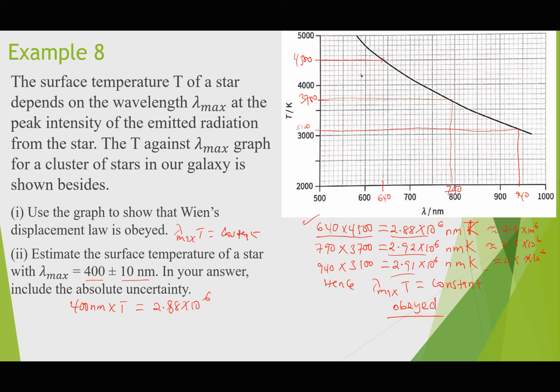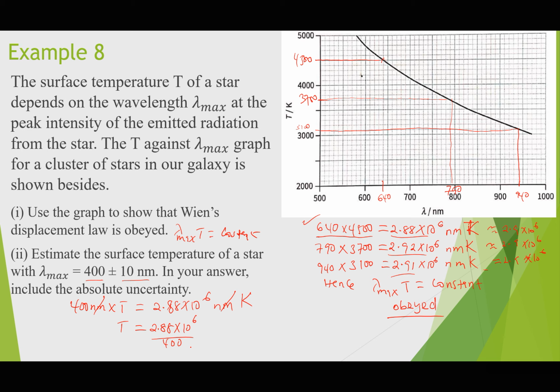The nanometers is going to cancel because this is nanometers times Kelvin. So T is going to be equal to 2.88 times 10 to the power of 6 divided by 400.